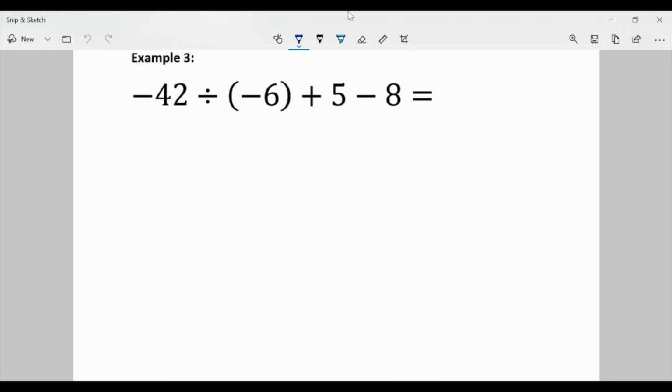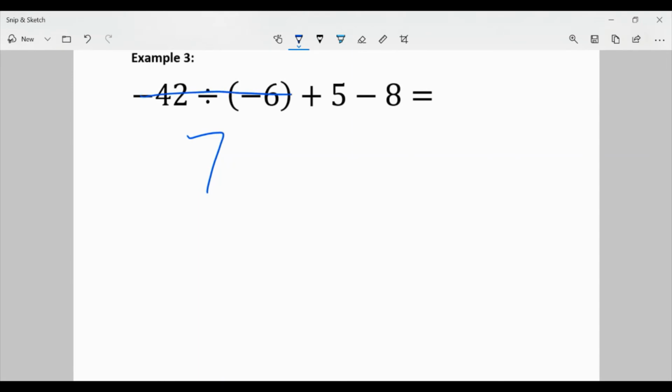So I want to start with negative 42 divided by negative 6. Okay, so negative 42 divided by negative 6 would give me a positive 7, because negative divided by a negative is a positive, right?